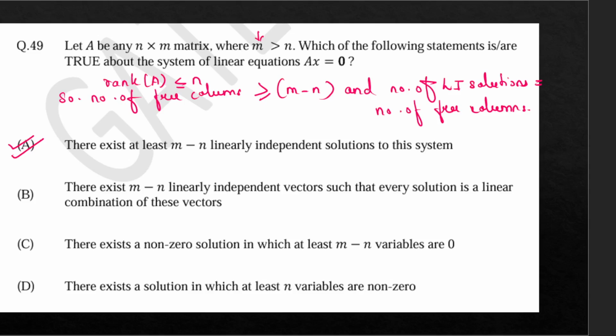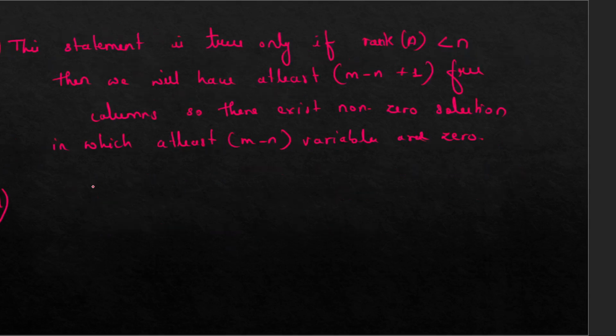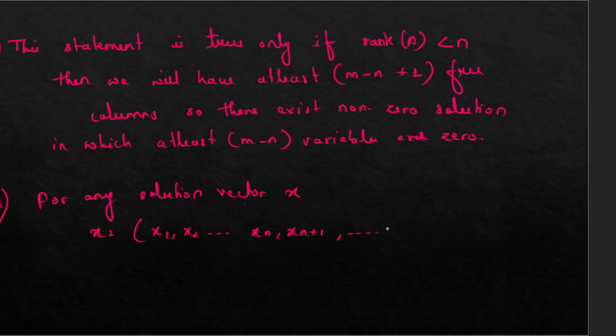So D is saying there exists a solution in which at least n variables are non-zero. Now let's see this. For any solution vector x, so x will be x1, x2 till xn, xn plus 1 till xm, like this.